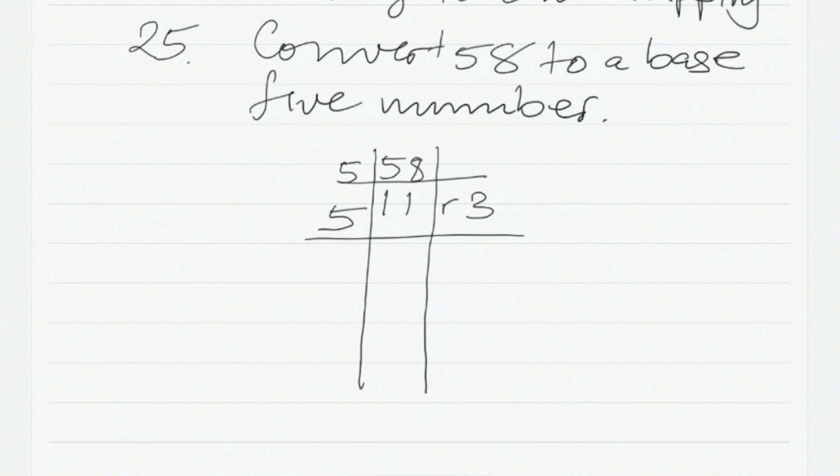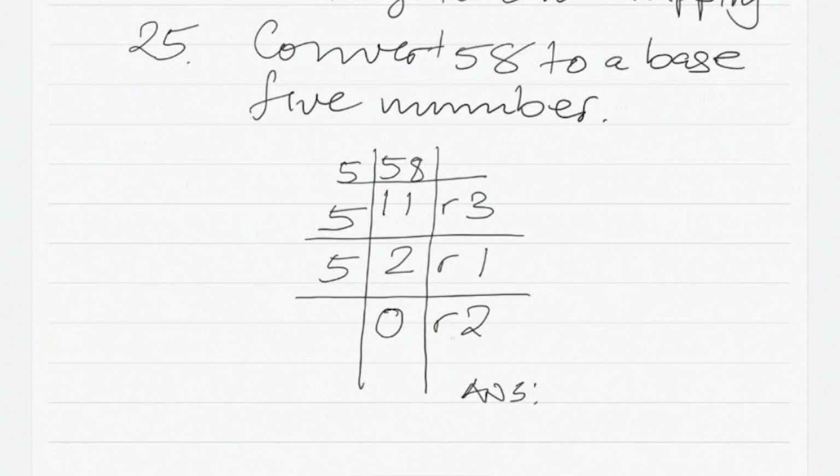We again divide this by 5. 5 into 11 will go in 2 times. Remainder 1. We divide again by 5 until we reach 0. 5 into 2, it can't. It will just be 0. Remainder this number, which is 2.